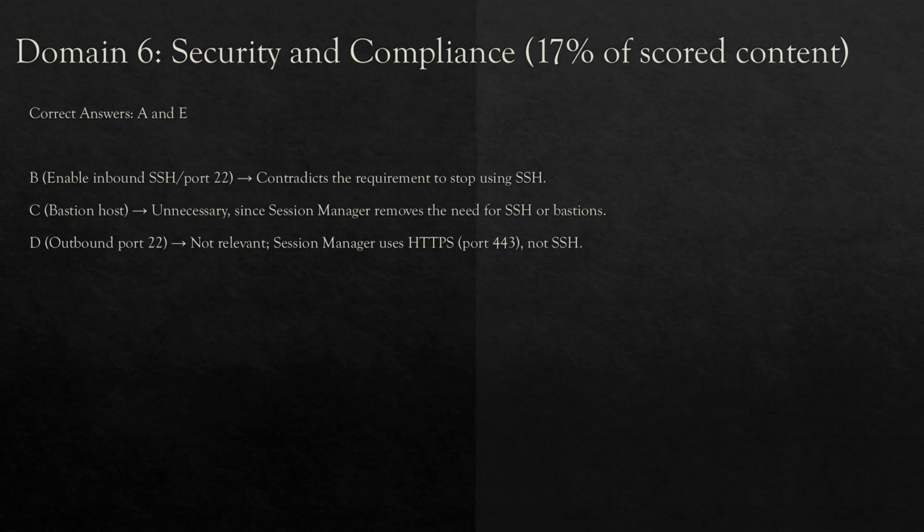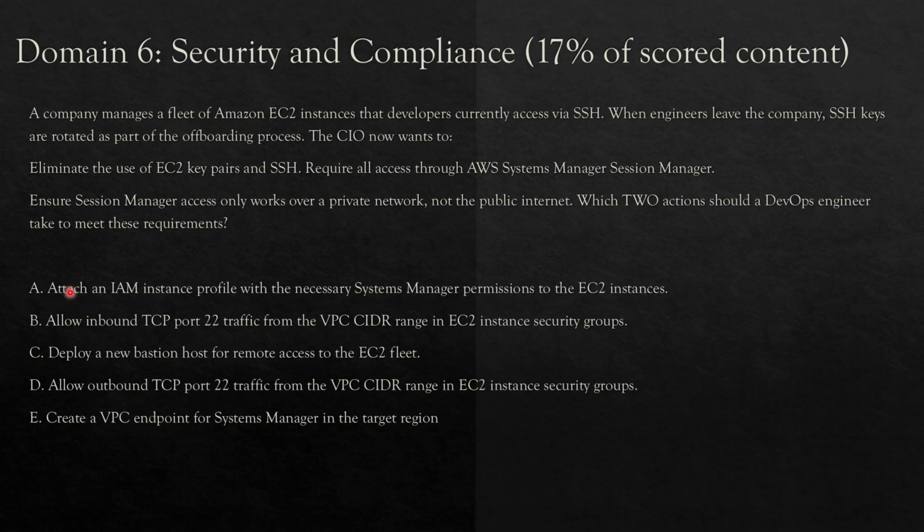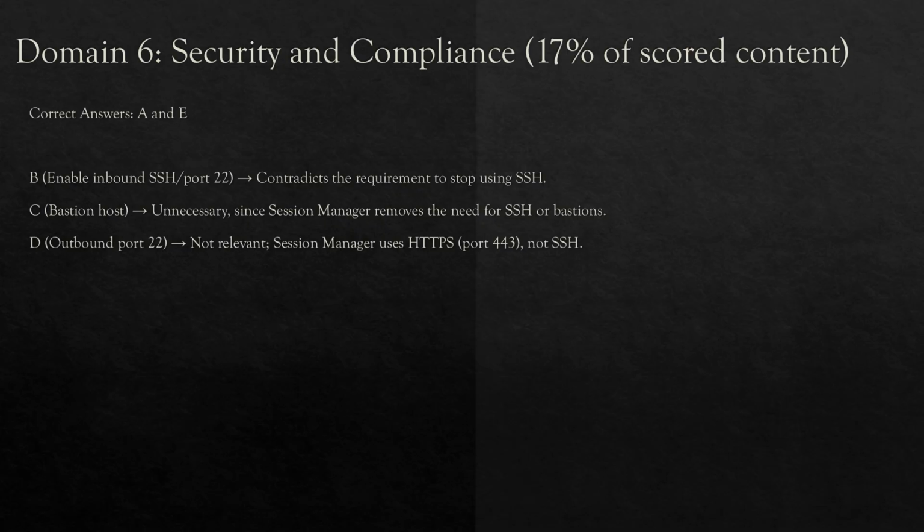The right answer for this is A and E, which is attach an IAM instance profile with the necessary Systems Manager permissions to the EC2 instance, and a VPC endpoint so that you can directly access the SSM service in the targeted region. The other ones are not correct, because if you enable SSH port 22, it contradicts the requirement to stop using SSH.